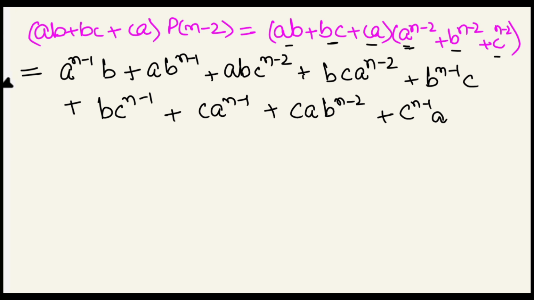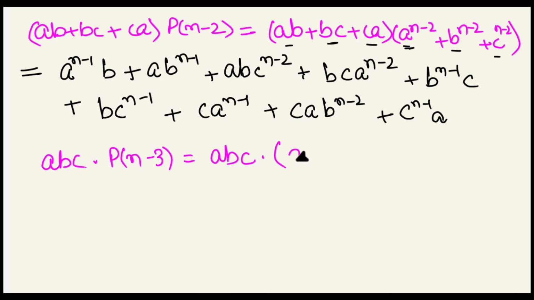Let's be careful. Now we will evaluate the final term, which is abc into a to the power n minus 3 plus b to the power n minus 3 plus c to the power n minus 3. This is simple. You'll get only 3 terms. So abc into a to the power n minus 3.